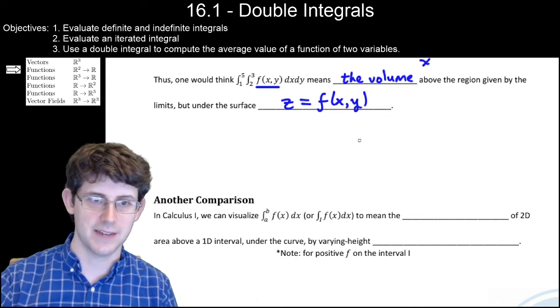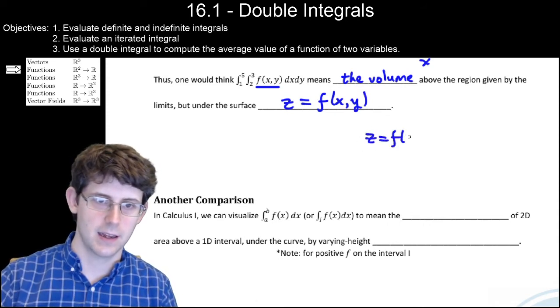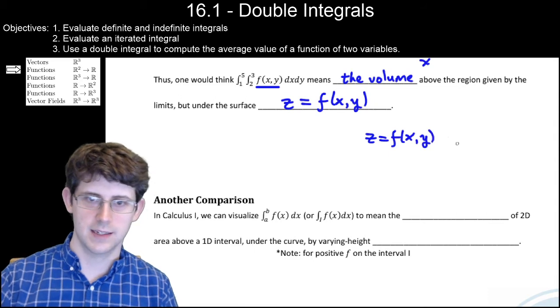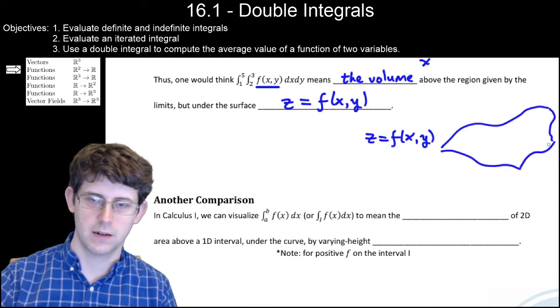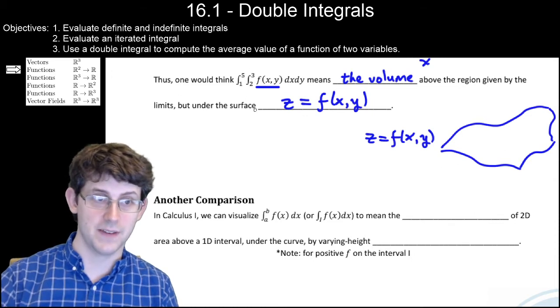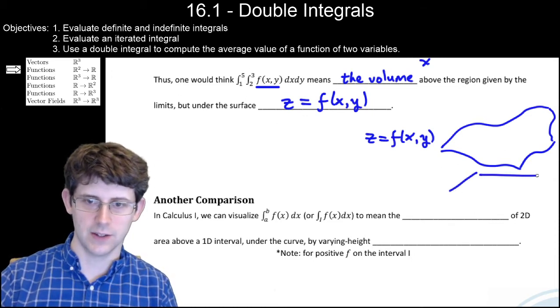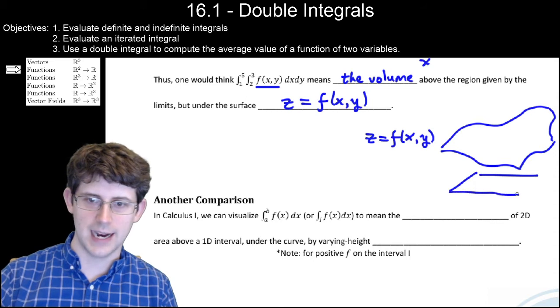So like z equals f of x y is some crazy surface. And then the bounds 1 to 5 and 2 to 3 are, you look under it, and you make the box, the rectangle, that goes from 1 to 5 and 2 to 3.